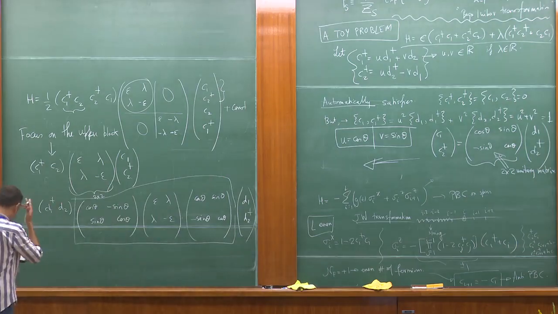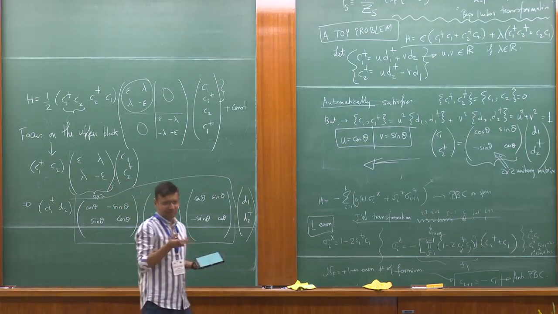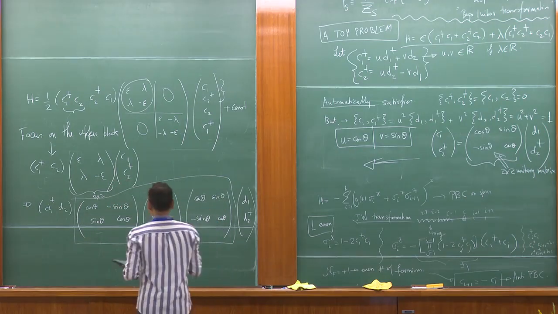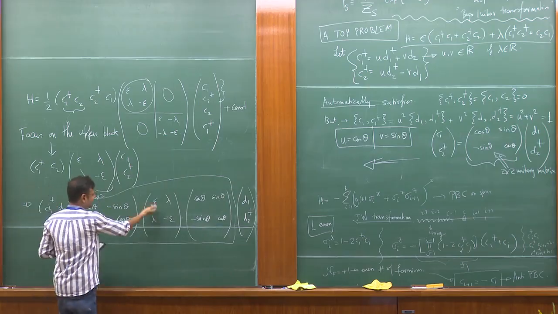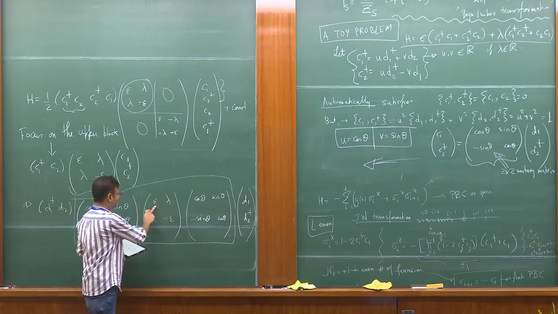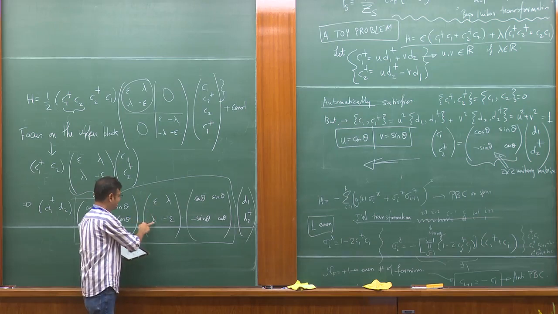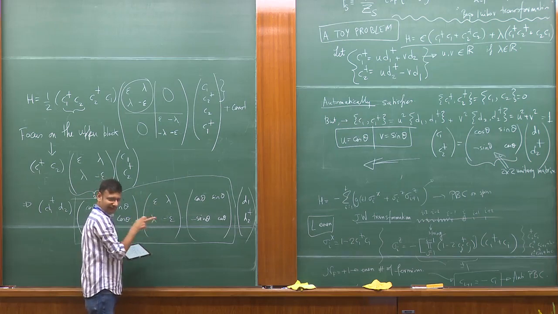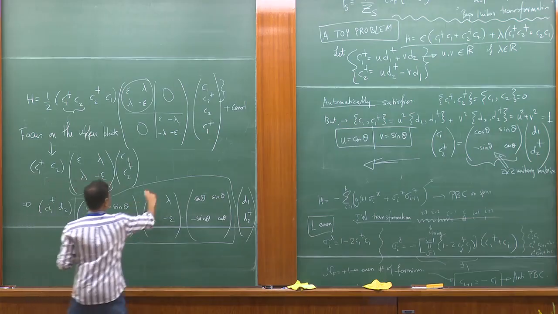So I need to choose theta to make this diagonal. But I can do it even without computing anything. So how do you see what to do? As I said, think about this problem. This is just a spin in a magnetic field, right? This is the z component, epsilon is the z component, and this lambda is the x component of that magnetic field, right?